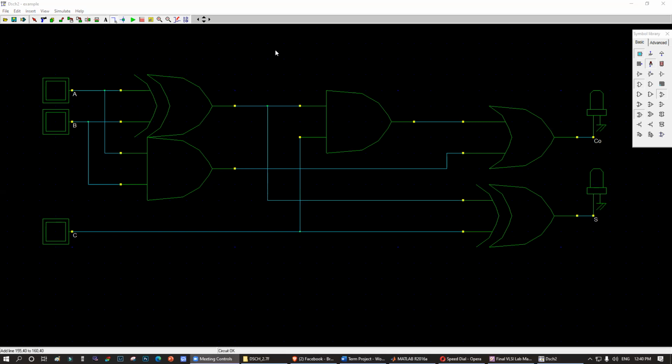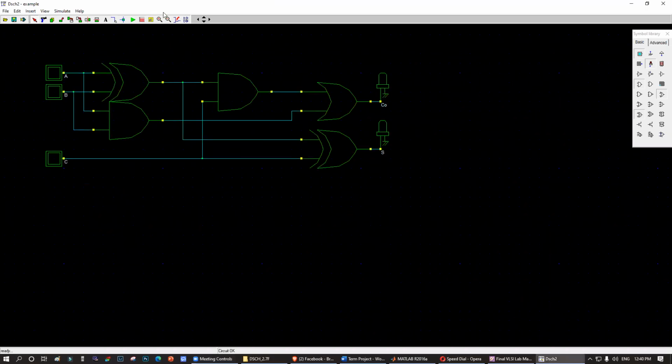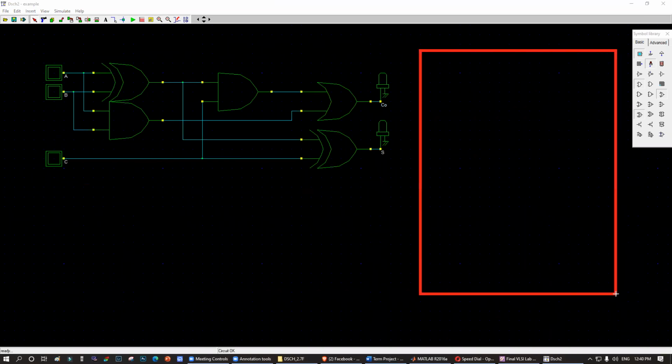So let's check the truth table, whether the truth table is correct or not. So how to check it? Let's make it smaller, and let me make a table.